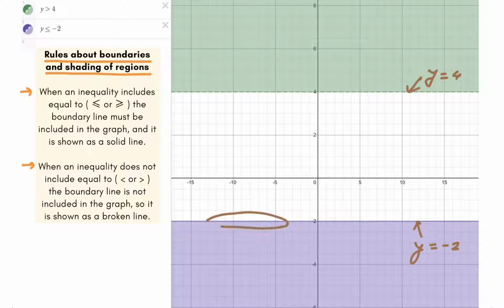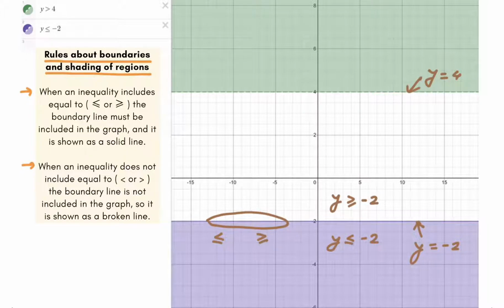See this line, which is a solid line, and so the inequality will take a less than or equal to or greater than or equal to. For this shaded region below the line y is equal to negative 2, this will be y less than or equal to negative 2, and the region above, which is unshaded, will be y greater than or equal to negative 2.